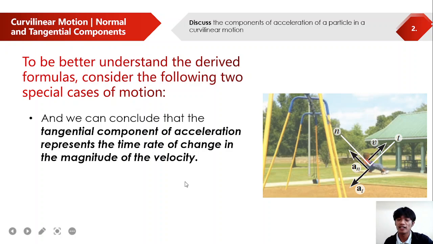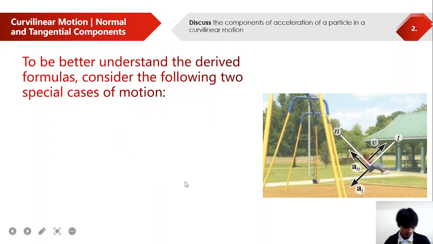So, dito natin na-conclude na since wala tayong normal component in a rectilinear path, the tangential component of the acceleration pala ay yung time rate of change or dv over dt lang pala ng particle natin. So, we can easily solve for the acceleration.